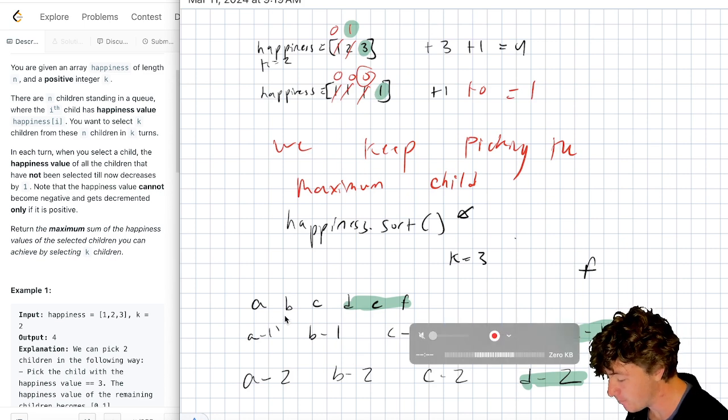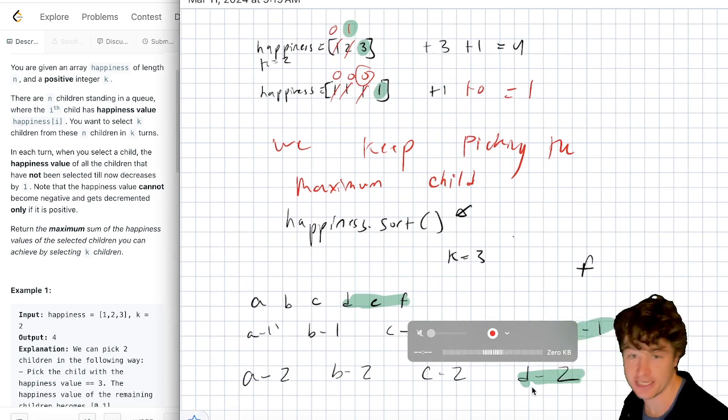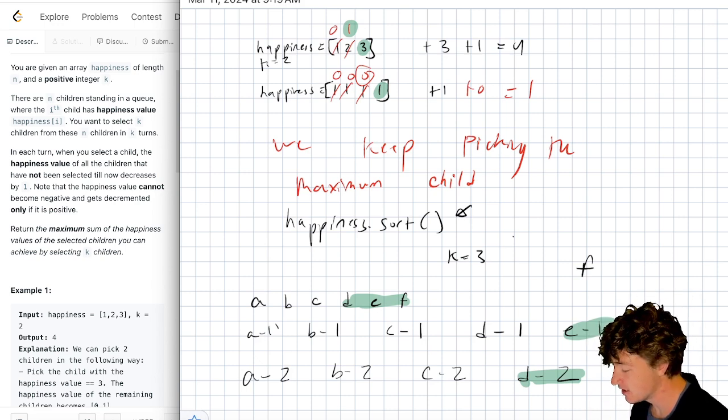After I've already picked the first person, the second person is going to automatically have a negative 1 attached to them. After I pick the second person, the third best person is going to have a negative 2 attached to them. When I pick the fourth person, I've already picked 3, so whoever the happiest person is going to have a negative 3 attached to them. There's some negativity associated with that person because I've already picked others.